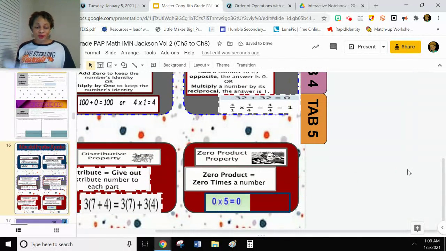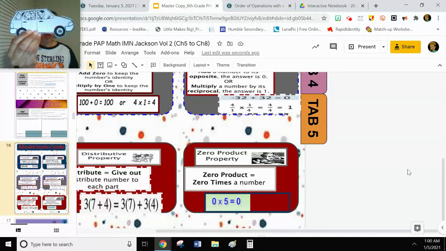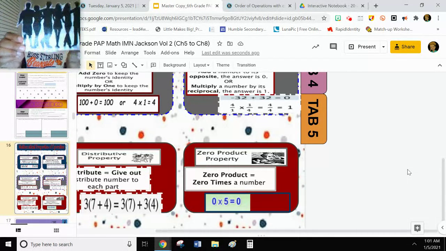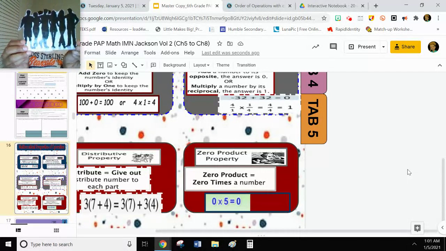So hopefully you have been able to learn these, or at least get acquainted, and we're going to have lots more time to do this. But commutative property means to travel. The numbers are moving. We have associative, who you hang out with, who you're grouped with. The parentheses is moving.